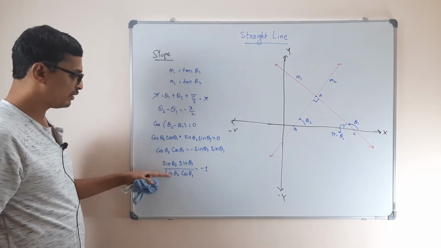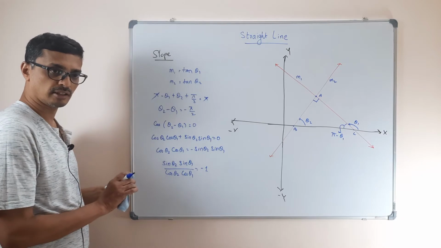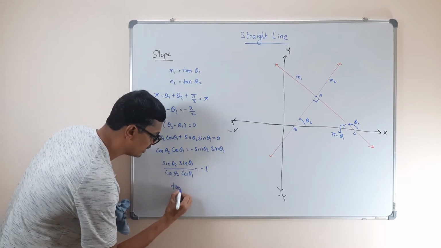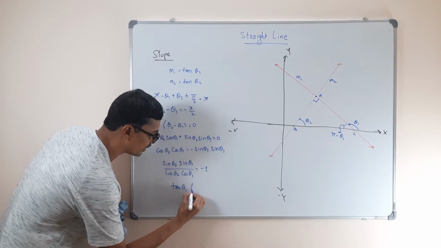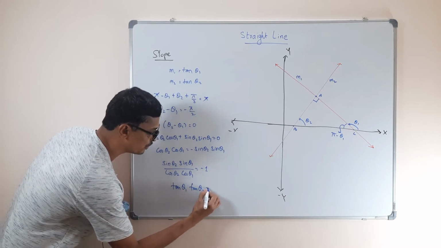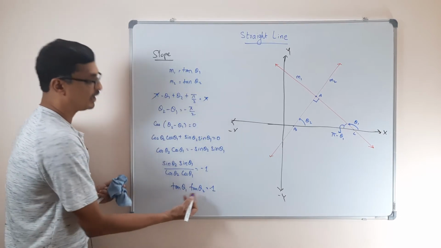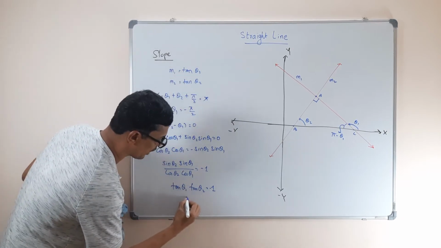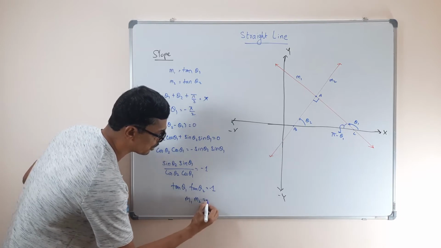Sin theta by cos theta is tan theta, so tan theta 1 into tan theta 2 is equal to minus 1. And tan theta 1 and tan theta 2 are m1 and m2. So m1 into m2 should be equal to minus 1.